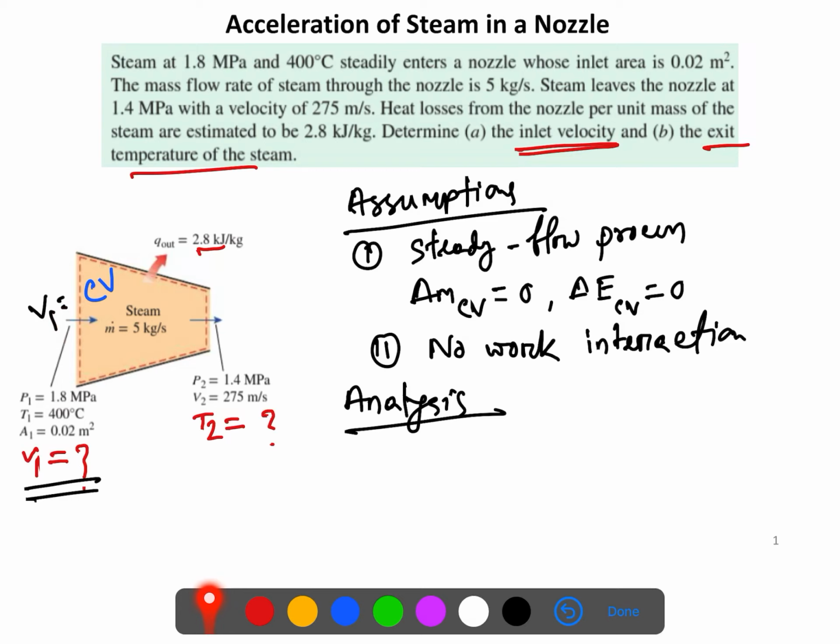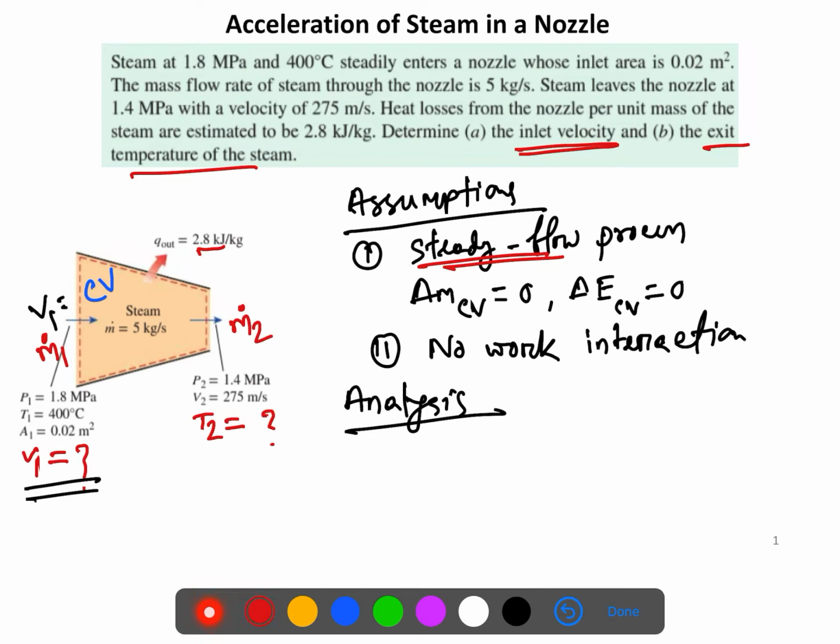As we have only one inlet and only one outlet, let's say the mass flow rate at the inlet is M1 dot, and the mass flow rate at the outlet is M2 dot. If it is a steady flow process, the net change of mass inside the control volume is 0. That means the mass entering the system equals the mass exiting through the outlet.